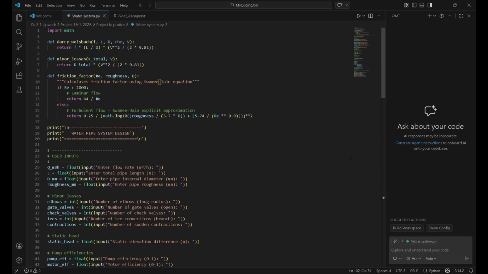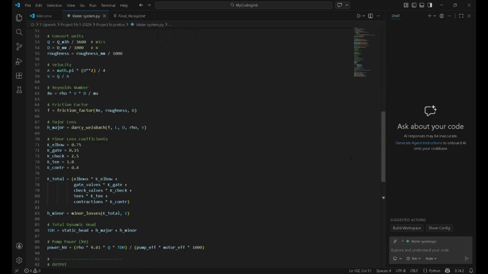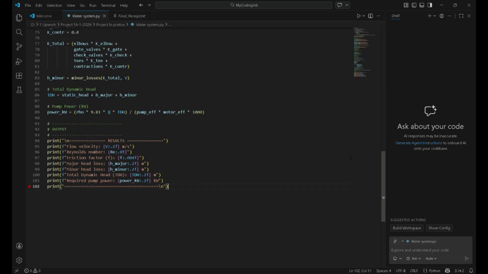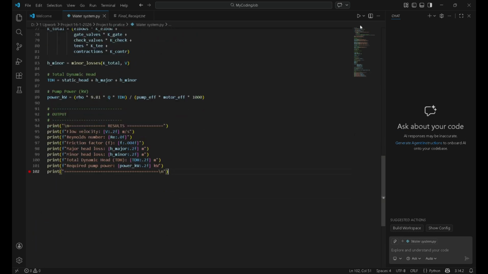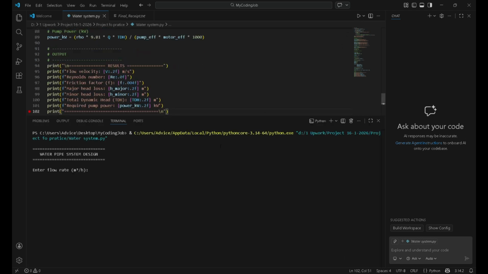Project input parameters, summary description. The design of the industrial water piping system is based on a defined set of hydraulic and mechanical input parameters. These inputs are required to calculate friction losses, minor losses, total dynamic head, TDH, and the pump motor sizing necessary to meet the system's operational requirements.